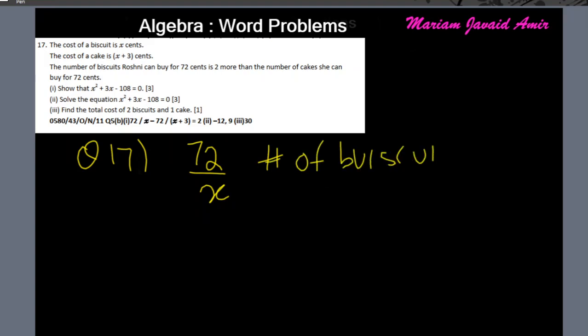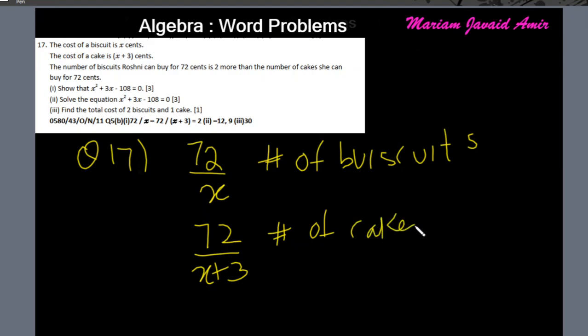If she's spending a total of 72 on biscuits and each biscuit costs X, then the total number of biscuits she can buy is 72 over X, and similarly for 72 cents she should be able to buy these many cakes, right?